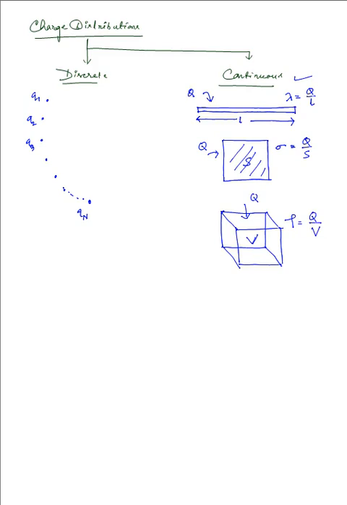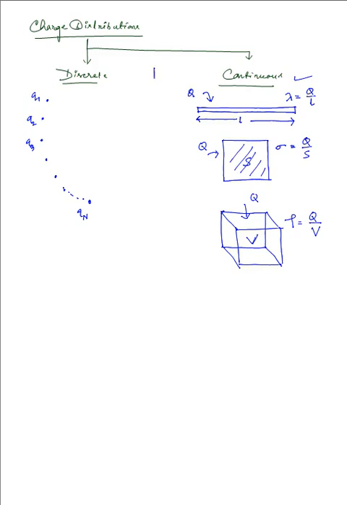Using these cases of charge distributions, we can determine the force that they apply on different charges placed close to them, but firstly we can also obtain the net electric field intensity.